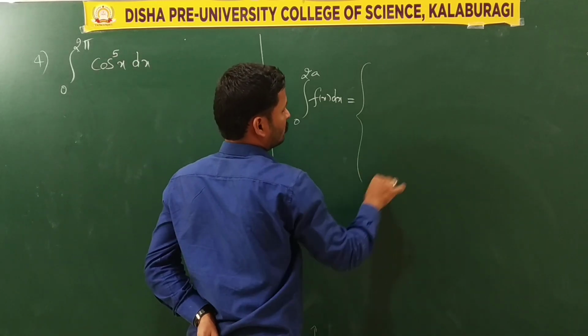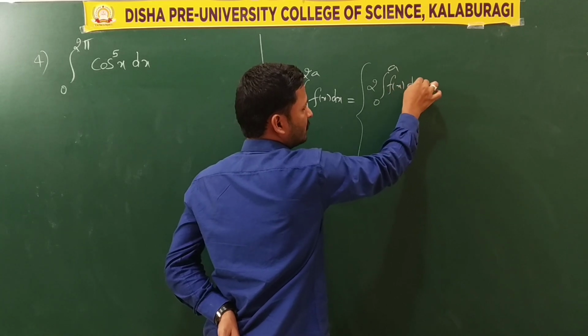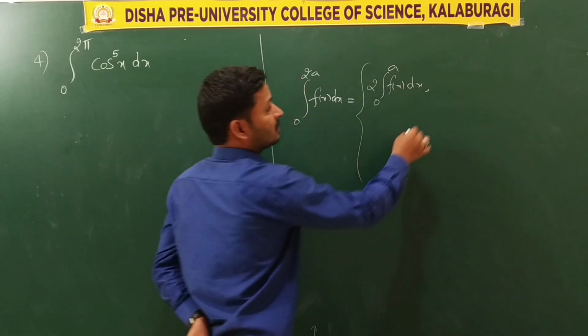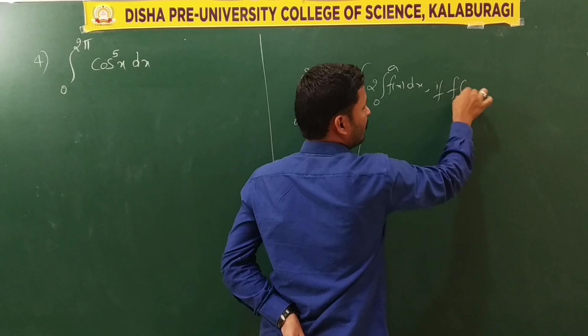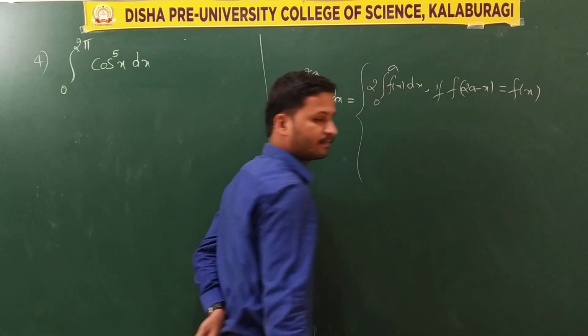One is 2 times the integral from 0 to a of f of x into dx, when f of 2a minus x is equal to f of x.